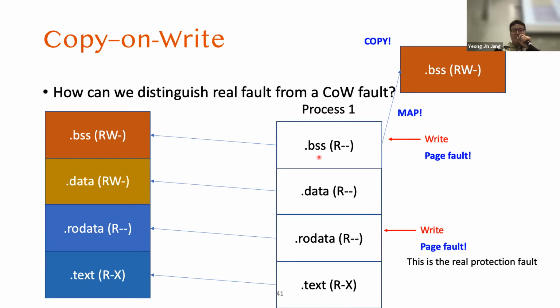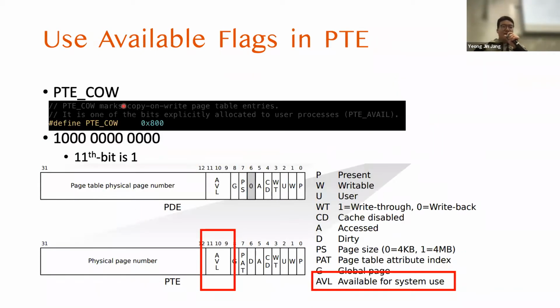So in the page table, we only have the readable bit. There's no PTE_W at all. Then how can we know whether the original page was writable or not? To do this, we are actually using a special flag called PTE_COW, copy on write.